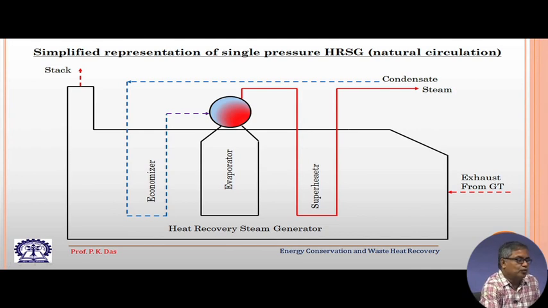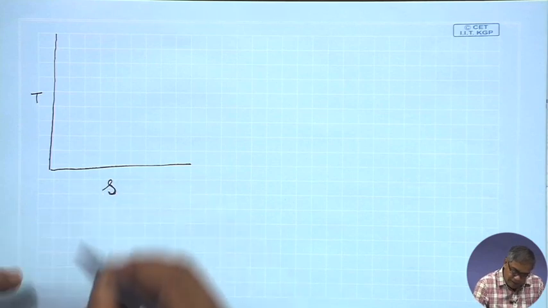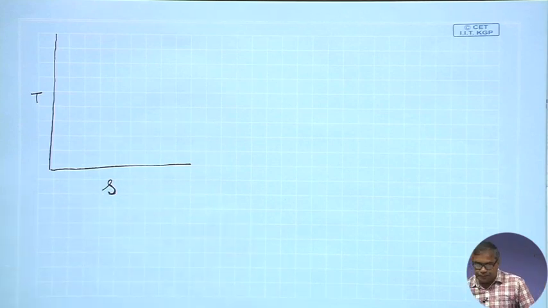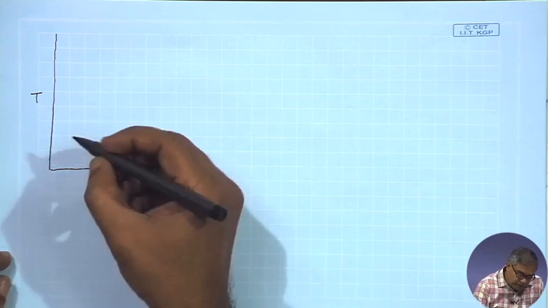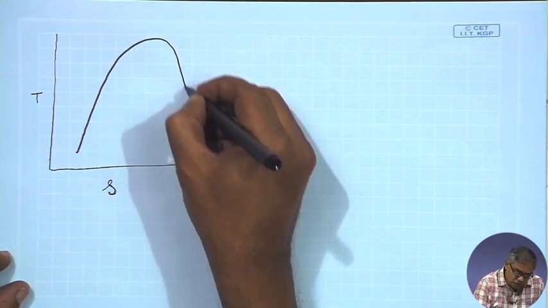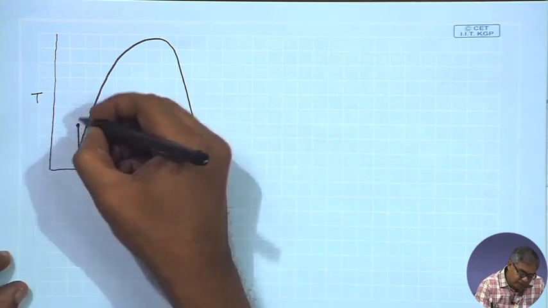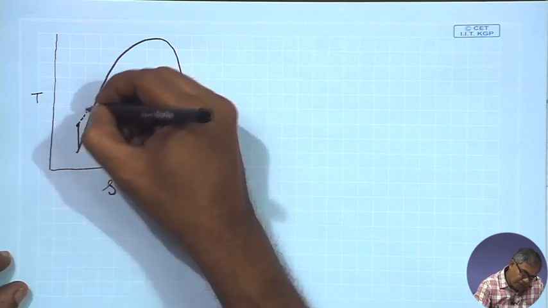In steam generation for a power plant, there could be three parts. If you recall, this is the TS diagram of a steam power plant, and this is the two phase dome. This is where the water comes from the feed pump.